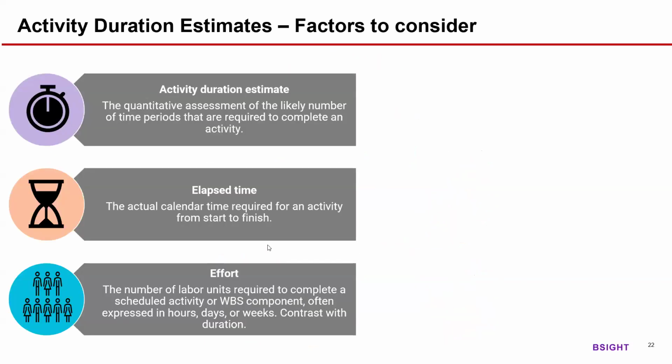And there are some factors you have to consider while estimating the activity durations. Sometimes the information you see in this slide and next slide could be a direct question in the exam, like a match the following kind of question. They'll say duration estimate, elapsed duration, effort on one side, the description on the other side, and you have to match it. Few questions will be direct questions.